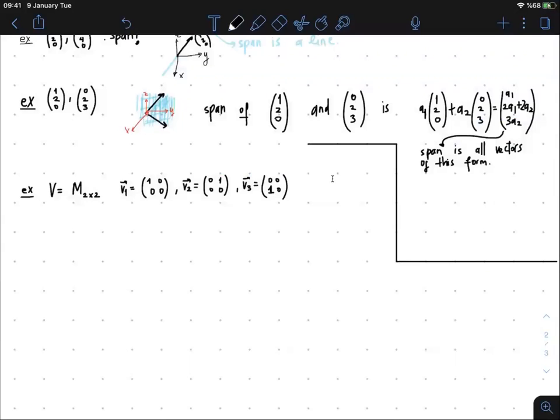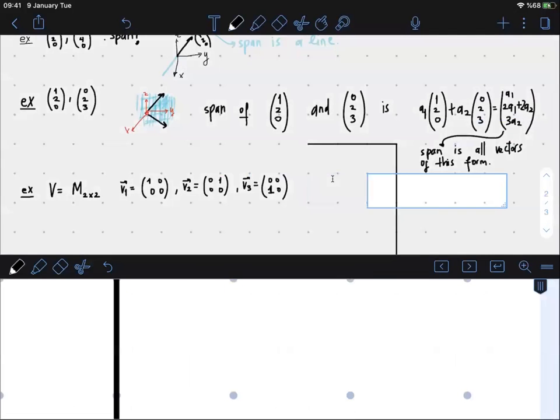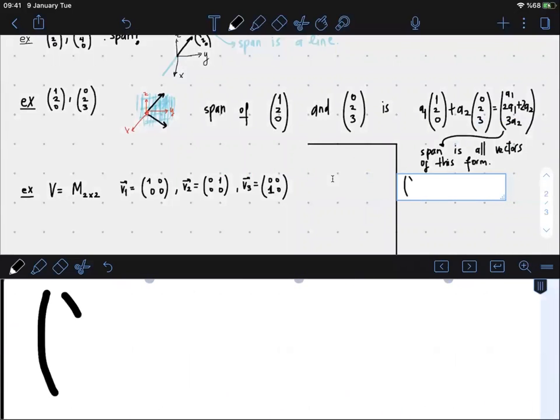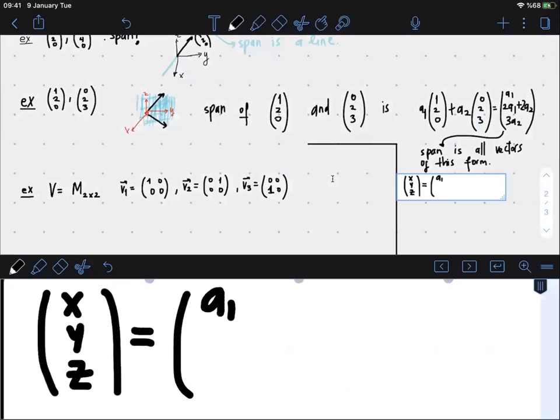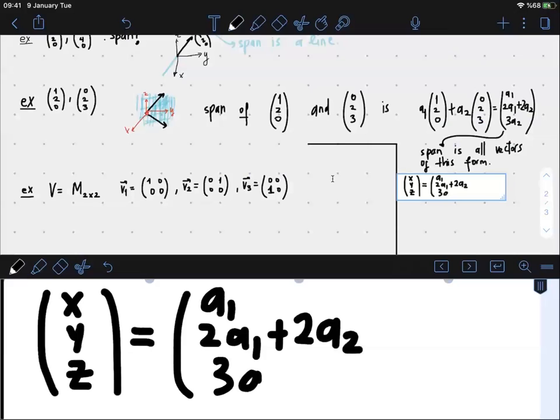If I take some arbitrary x, y, z, can I always solve this in terms of a1 and a2? It looks like it won't be possible, because on the right-hand side I have only two coefficients, a1 and a2. On the left-hand side I have three: x, y, and z. So it won't be possible.